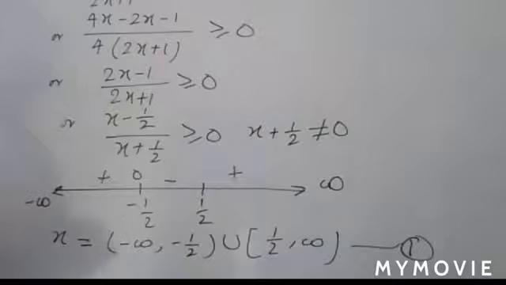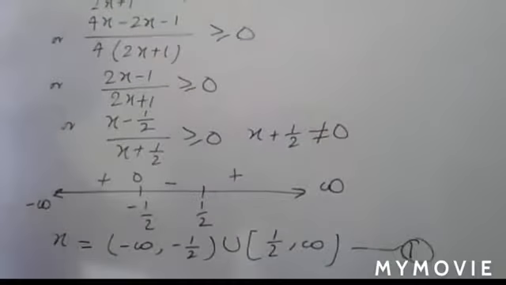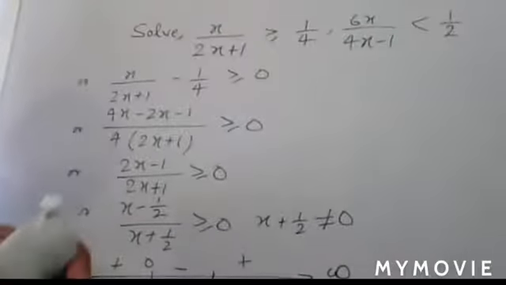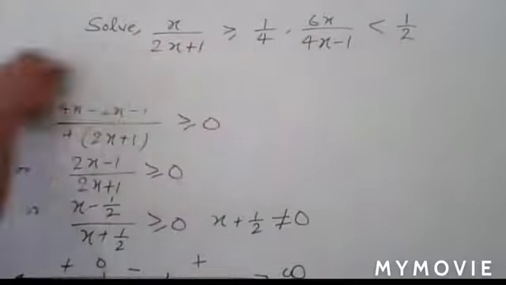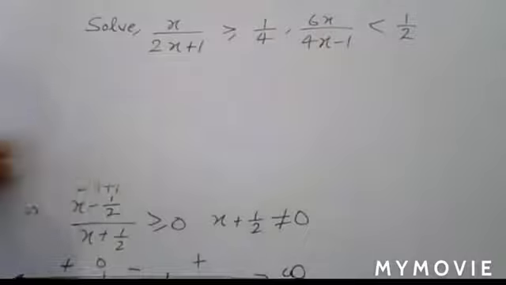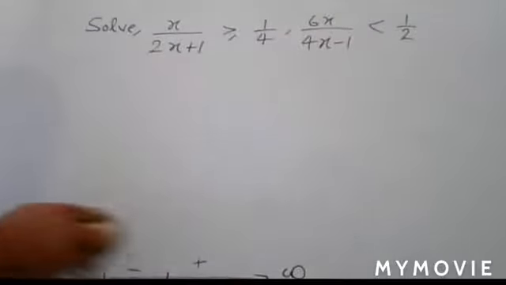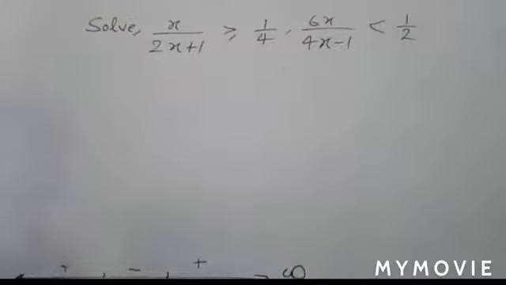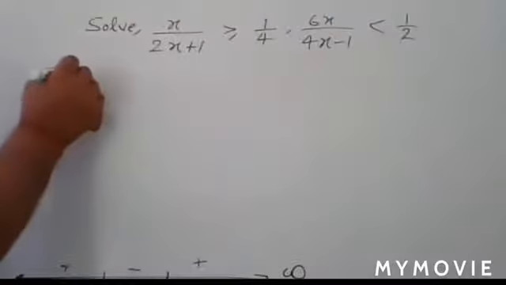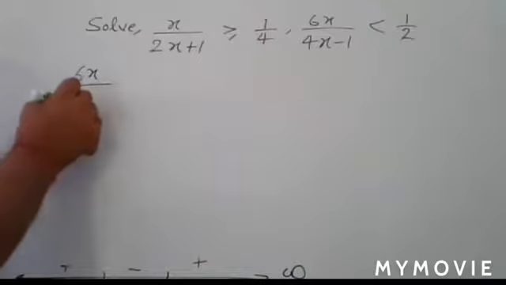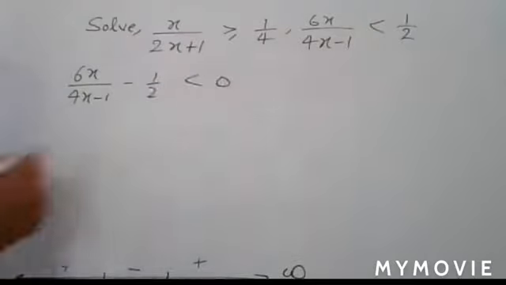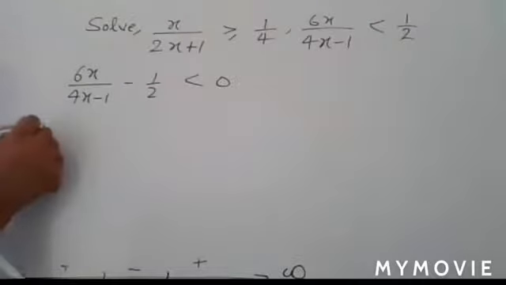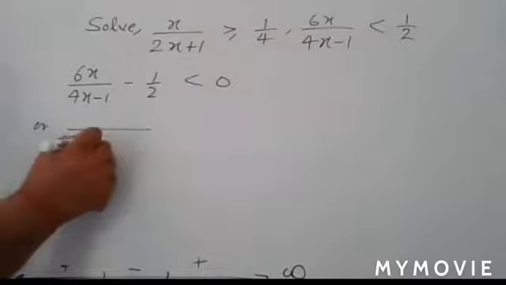So I am taking here your second inequality. So write it. After that, you write second result 6x upon 4x minus 1 minus 1 by 2 less than 0, and solve by taking LCM.